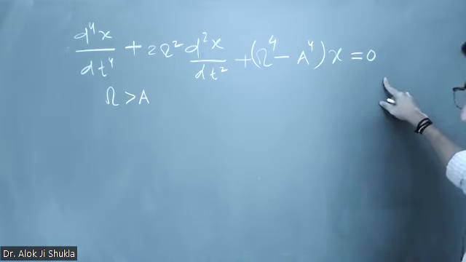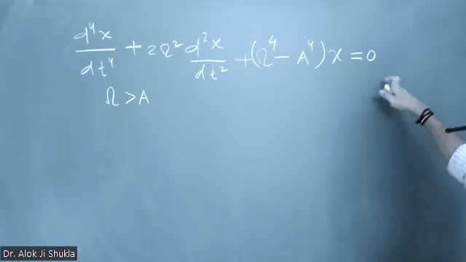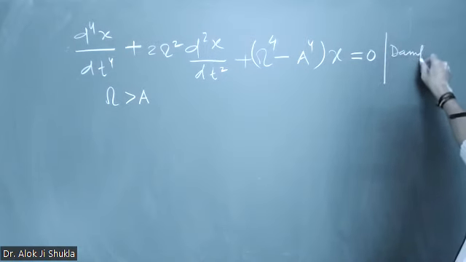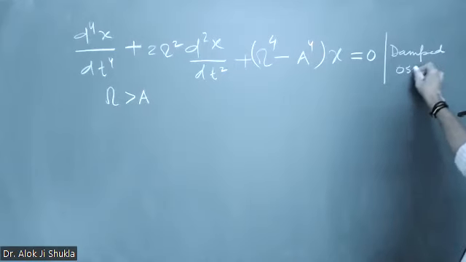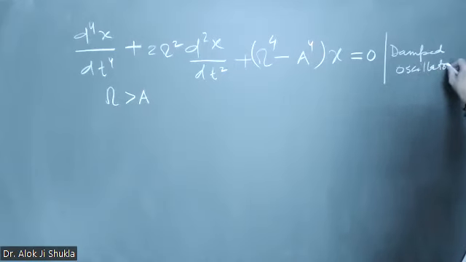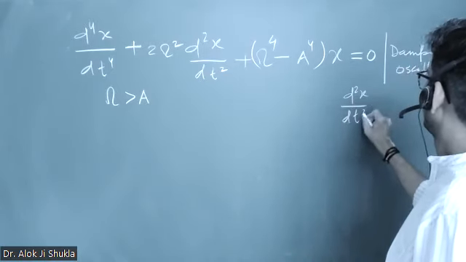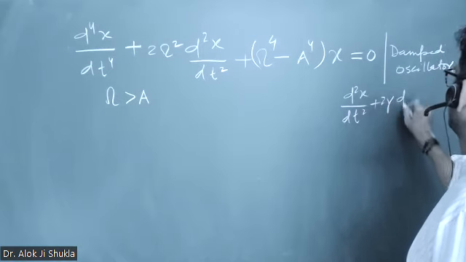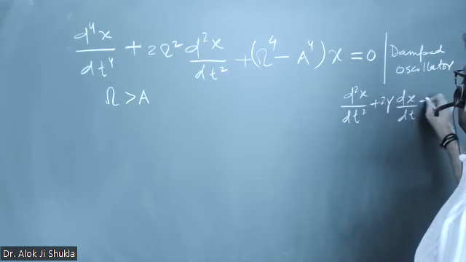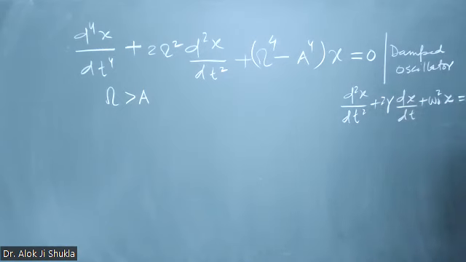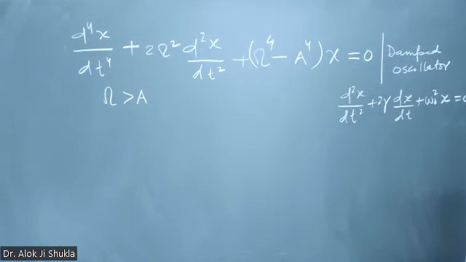So what kind of equation will it be? Second order homogeneous, but what type of oscillator? Damped oscillator. Do you remember or not? I have made you write such an equation: d2x by dt2 plus 2 gamma dx by dt plus omega naught square x is equal to 0. Check in your copy. We have done this. Yes or no? Yes, sir.